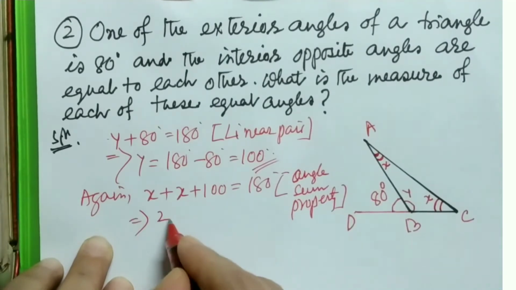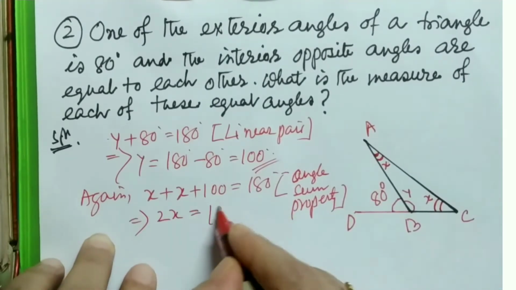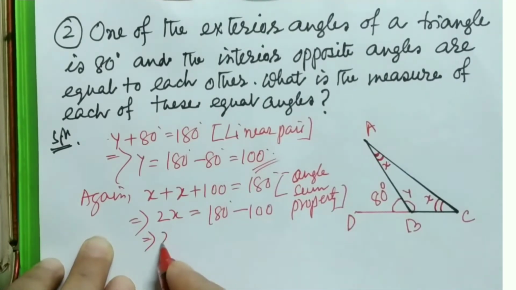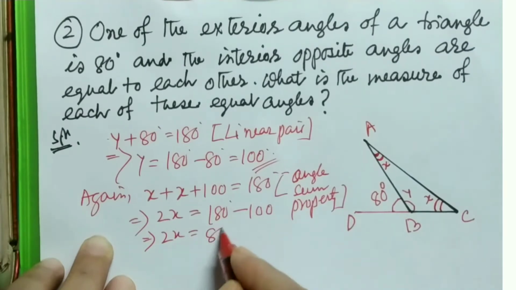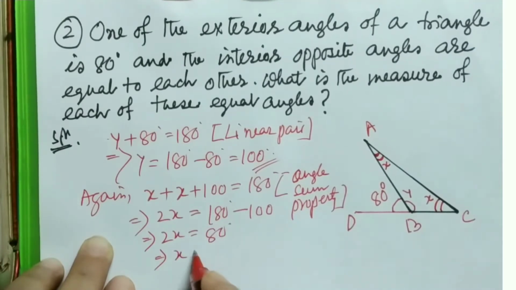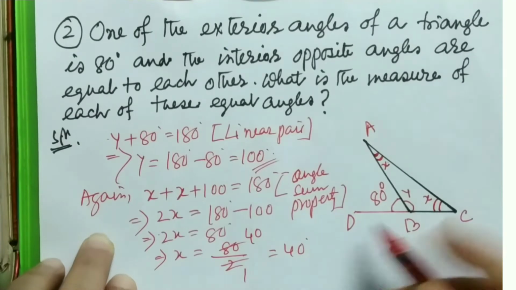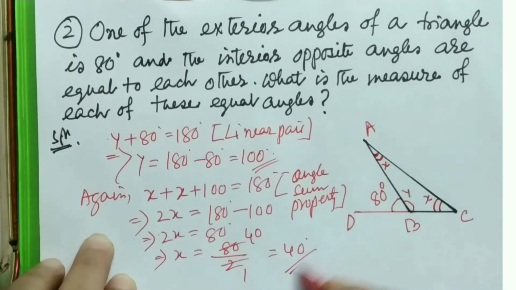Implies X plus X means 2X is equal to 180 minus 100. Implies 2X is equal to how much? 80. Implies X is equal to 80 divided by 2, which is 40. That means the measure of each angle is 40.